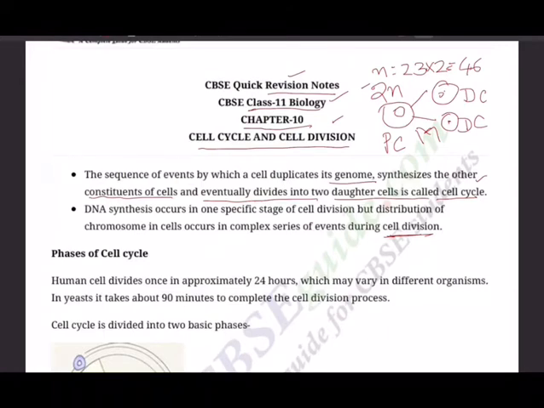If there is only one set of chromosomes, like the sperm and ovum, then we say n, that is haploid, half of the original 2n. So whenever a cell has n number of chromosomes, one set, like in our case 23, such a cell like sperm and ovum is referred to as haploid.